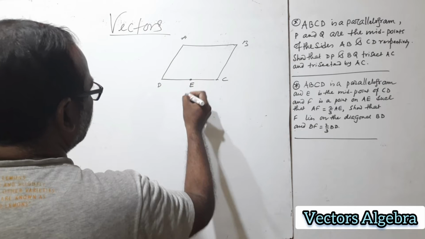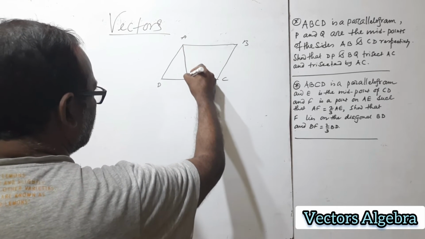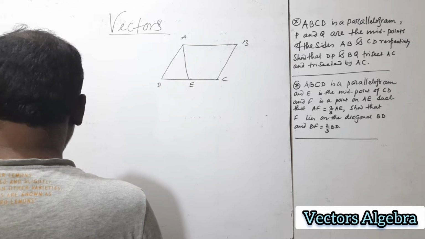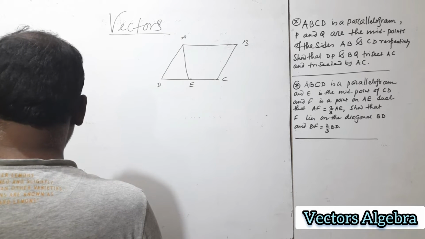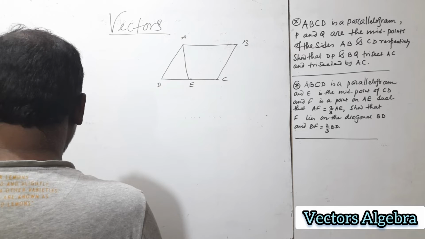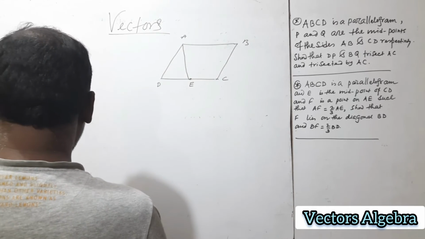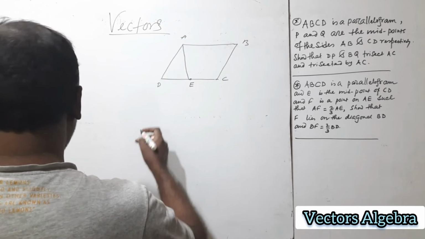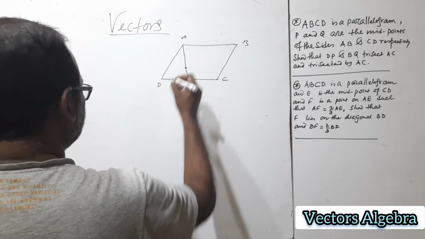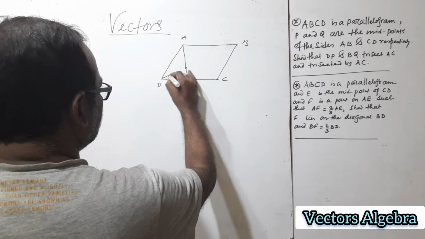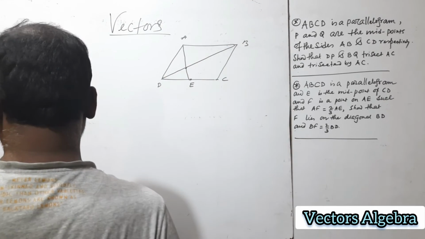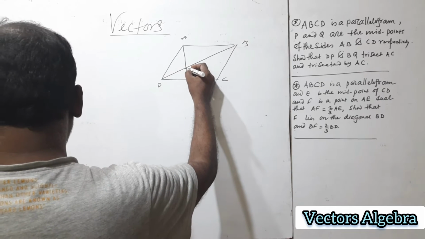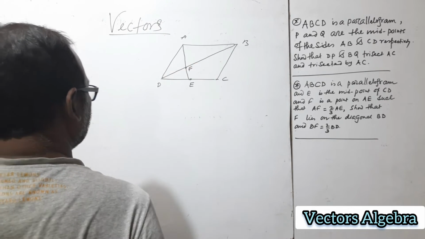Now draw AE. F is a point on AE such that it is trisected at that point to the diagonal at F. Okay.